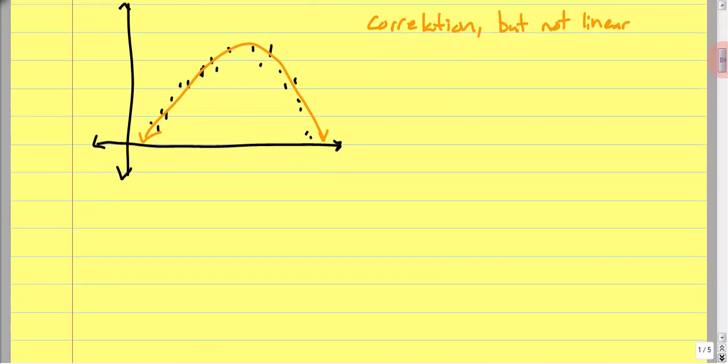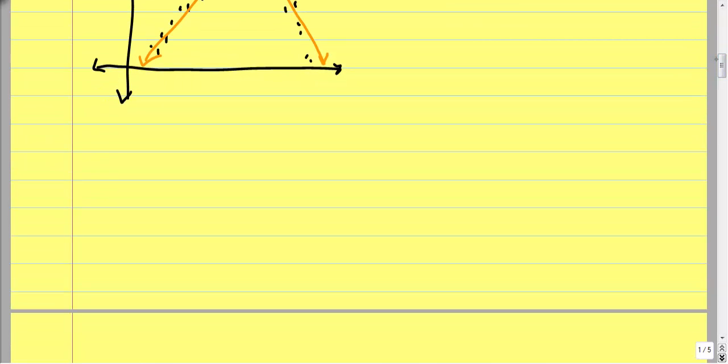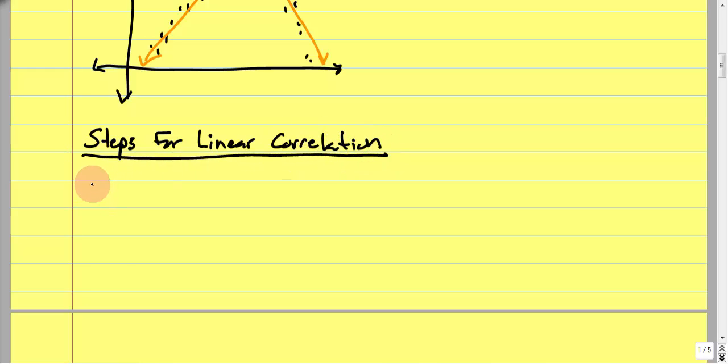Now, how do we go about this? Well, when we're talking about our steps for linear correlation, what we really need to be aware of first is, are the data correlated in a linear fashion? So the very first thing that you must do is check to see if the data, x and y, are linearly correlated.